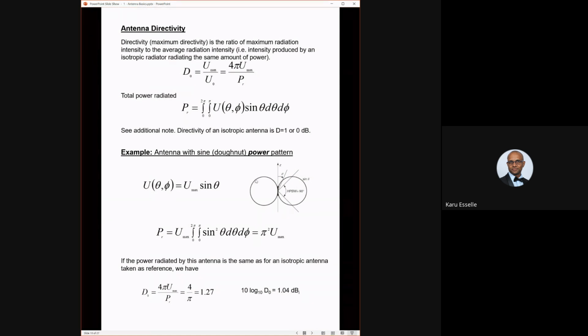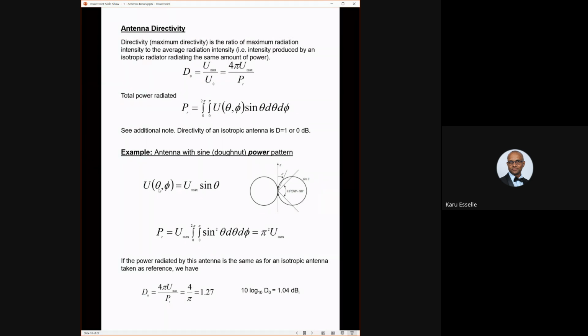This is just an exercise for you. You don't have to do it now. For example, if you have an antenna that is an omnidirectional antenna, and its radiation intensity is given by this equation, you can see that it does not depend on phi, it depends only on theta.